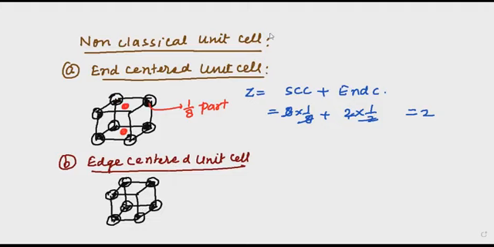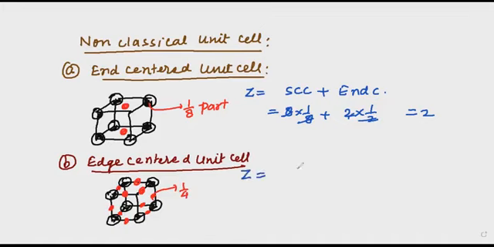And one atom at each edge, means all 12 edges. And remember that only 1 by 4th part is making the crystal. Only 1 by 4th.